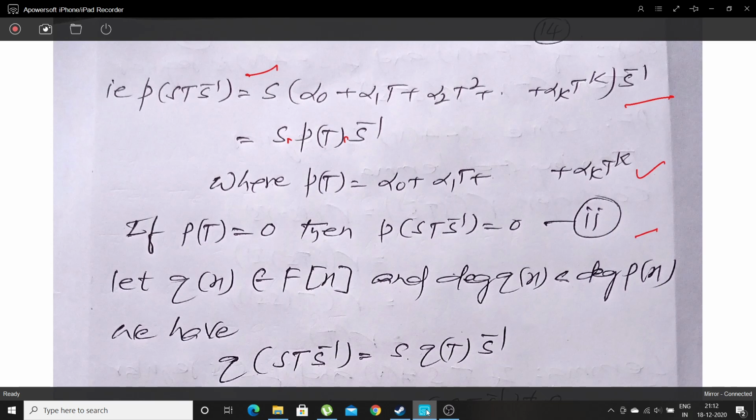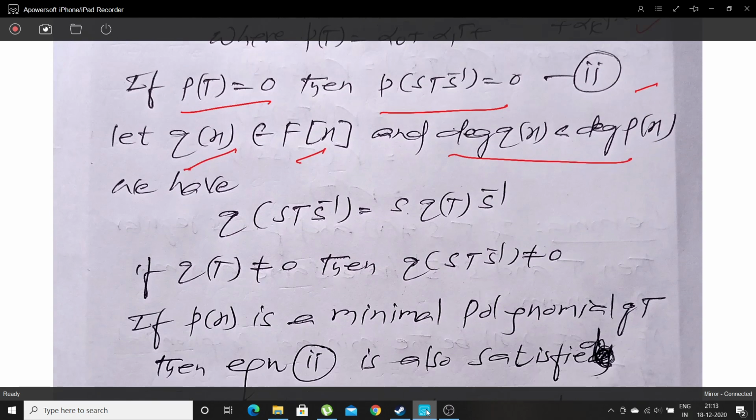Let me take another polynomial. Since P of T equals 0, therefore P of STS inverse is also equal to 0. Let me take another polynomial Q of x belonging to the polynomial ring that we denote by F of x, and we know that the degree of Q of x is less than the degree of P of x.